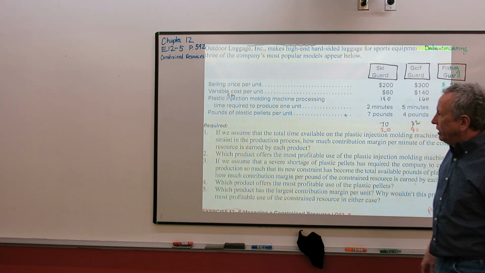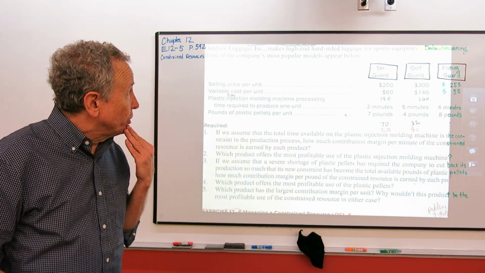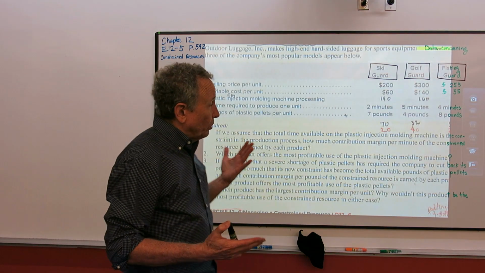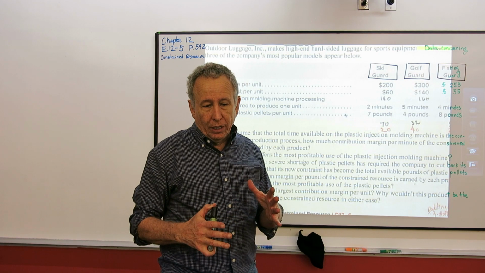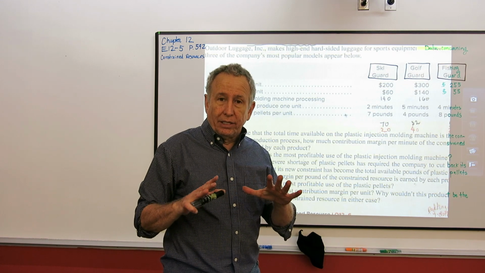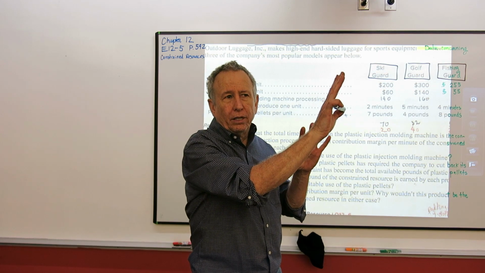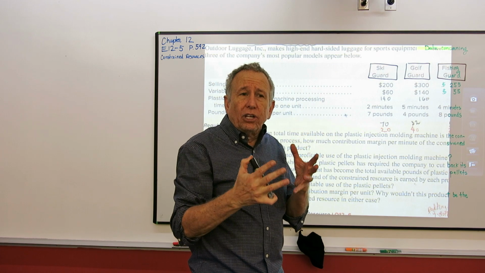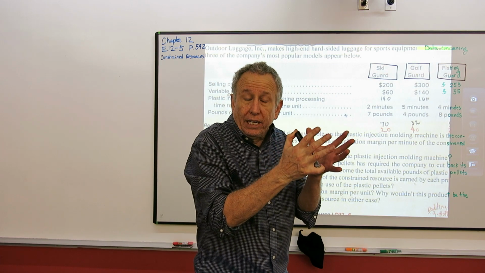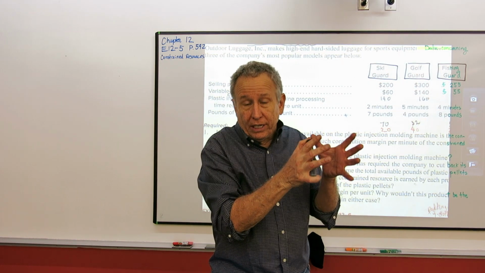All right, this is again going to deal with, I think, an interesting one in that we're going to be given some products, and they're going to show us that they're very profitable. But then we're going to find out that everything's relative. What I mean by that is you can say, well, this is my most profitable product. Well, what if I tell you that was your most profitable product, but it takes a lot of some ingredient, and I tell you now all of a sudden that you don't have very much of that ingredient left.